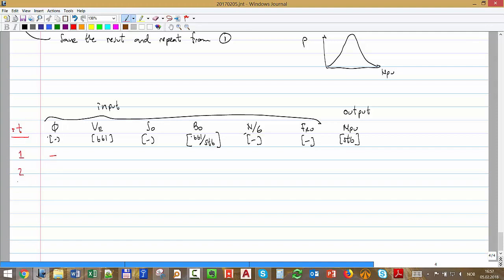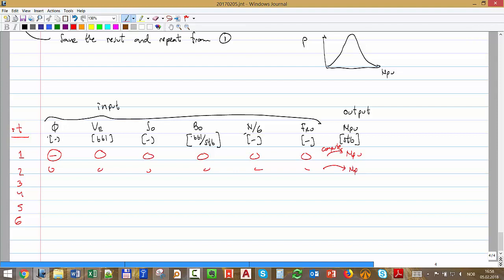So here we are going to say number of iterations. Here we have 1, 2, 3, 4 in Excel, 5, 6. We're going to take one random sample for all of these parameters, and we are going to compute NPU. Then we are going to get another random sample and compute NPU, and so forth.